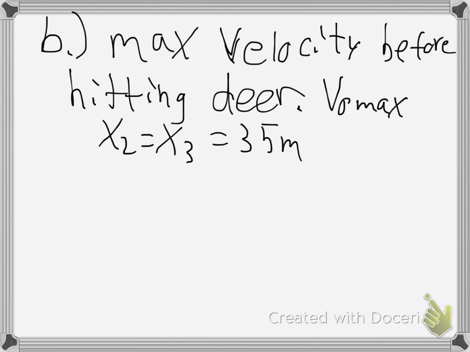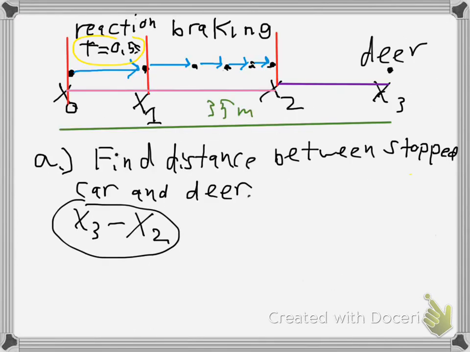So finding the maximum velocity before hitting the deer is a little bit more tricky and more involved. We have to consider the maximum velocity in both parts of this question, with the braking part and with the reaction part.